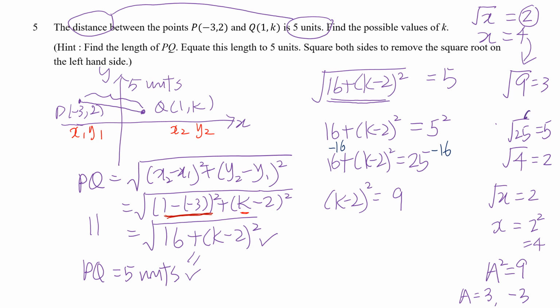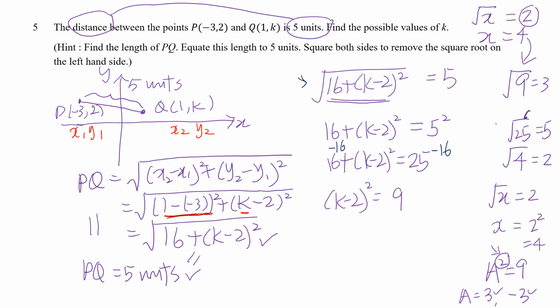So if you have an equation where you're supposed to solve and the power here is an even number, you will get 2 values, one positive, one negative. And how do you get 3? To get 3 means you square root 9. You see, you do the opposite. Just now when I had a square root here, to find the value, I squared 5.